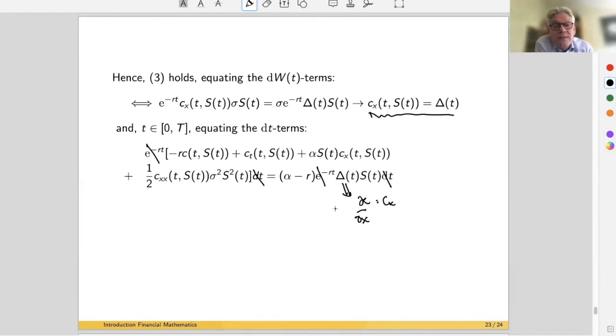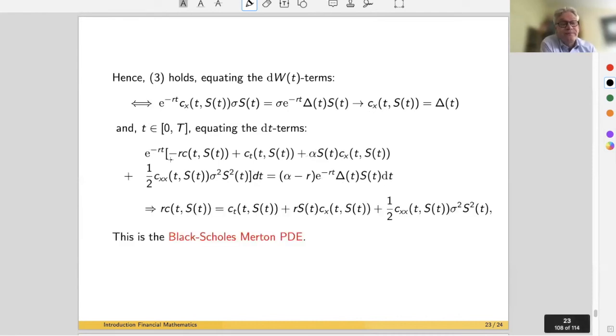So if we substitute that, we have minus r here on the right-hand side, and we have alpha S delta here, and alpha S delta here. So the alpha term also cancels out. And what remains is a very convenient form, being the so-called Black-Scholes equation.